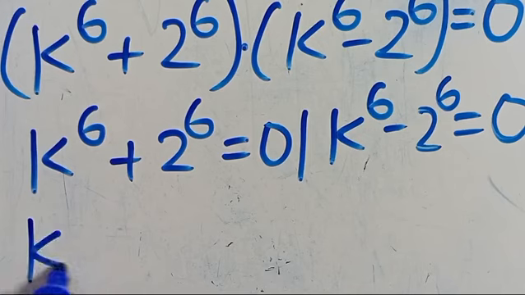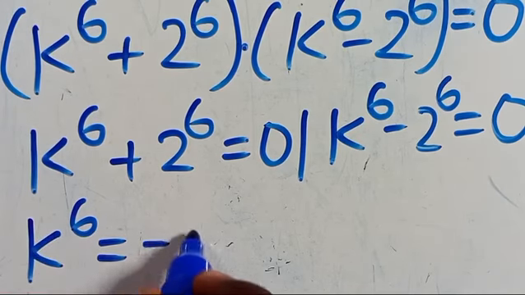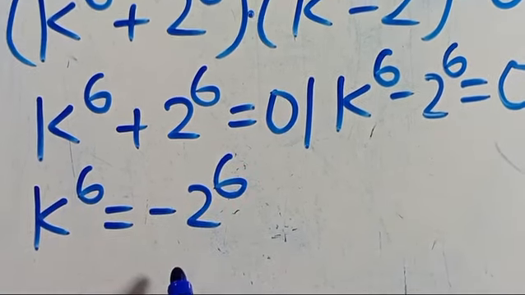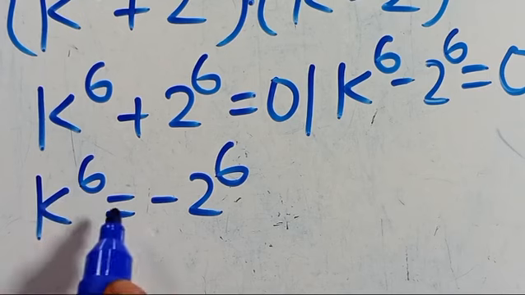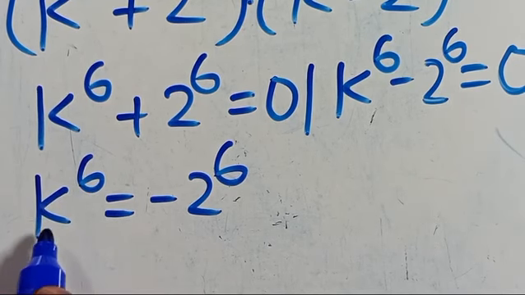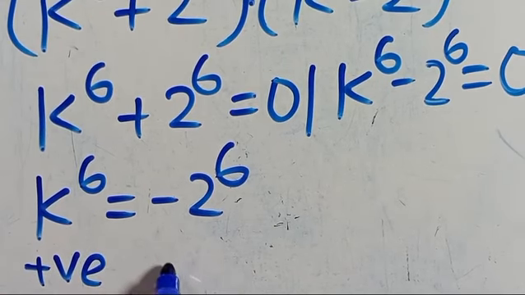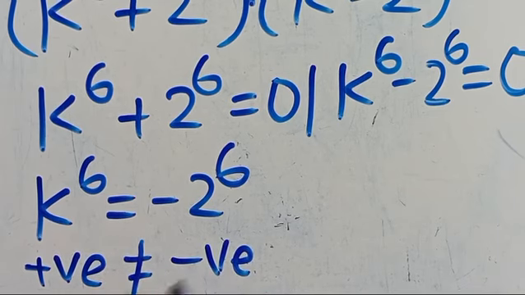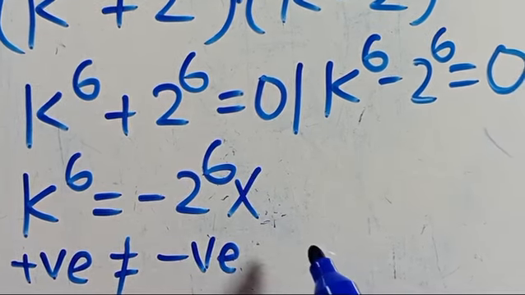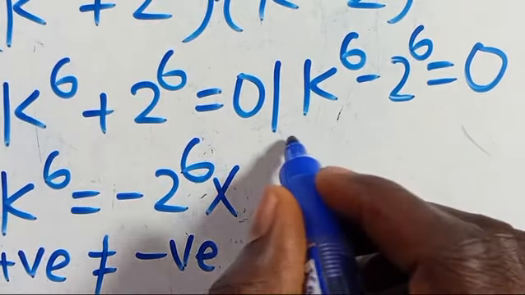So from here, let's say we have k to the power of 6 equals minus 2 to the power of 6. It is obvious that for any value of k, this left hand side cannot be negative. It will always be positive, and here is negative, meaning that this cannot be equal to this. So we reject this.